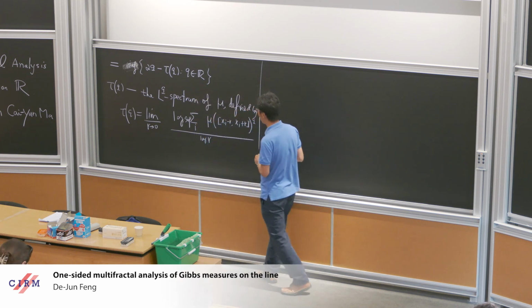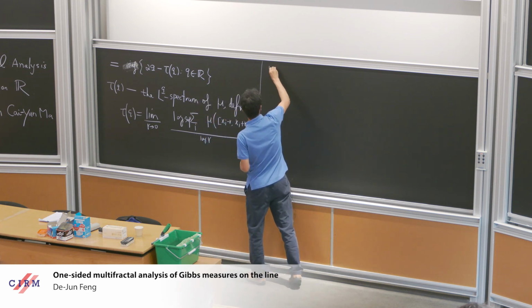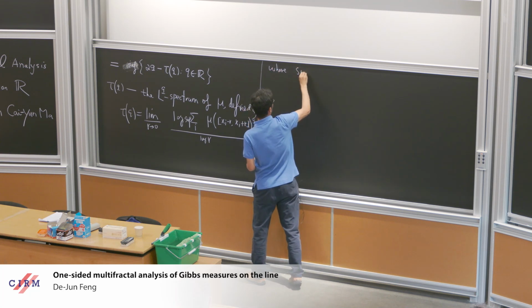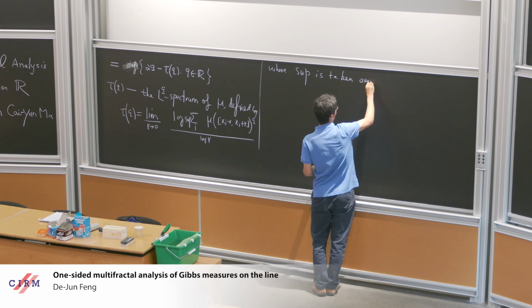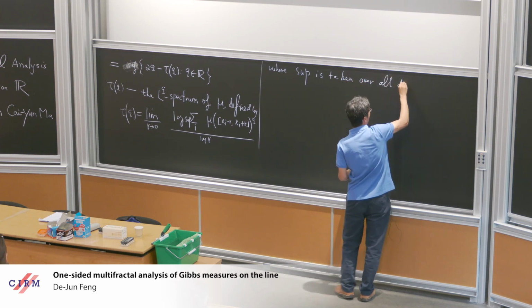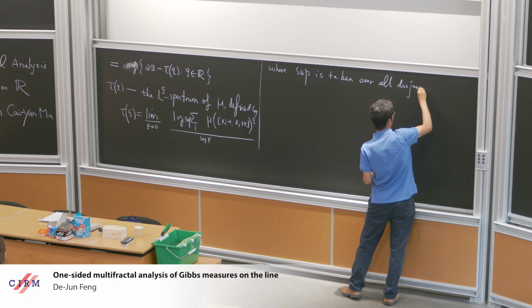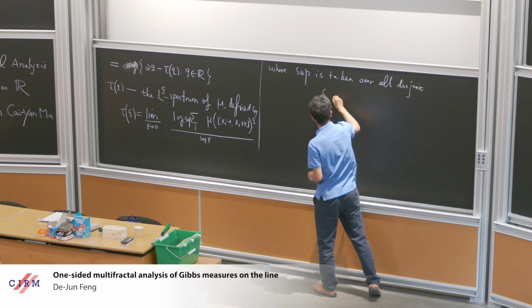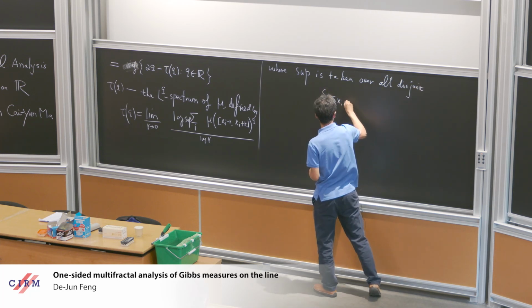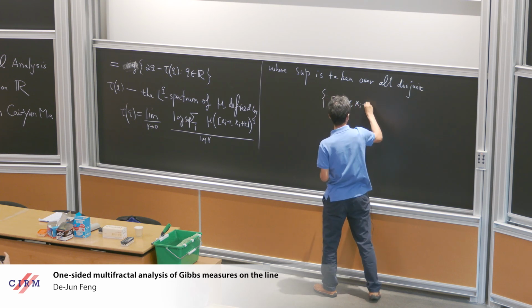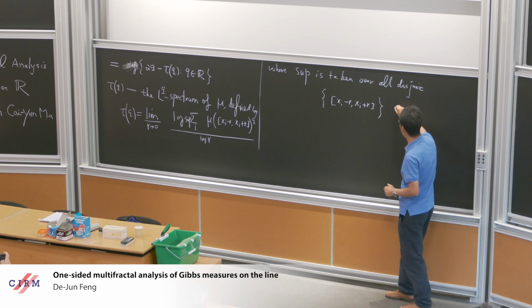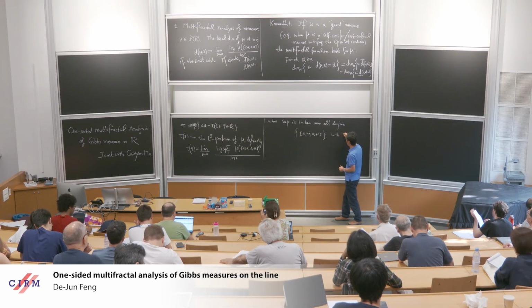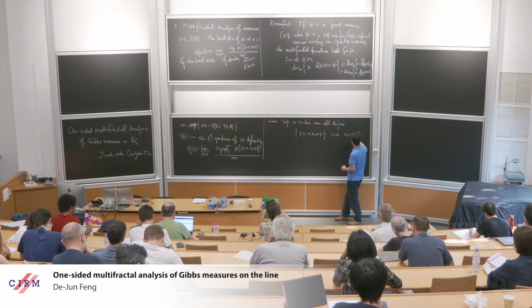Here, the supremum is taken over all disjoint collections of intervals (x_i minus r, x_i plus r) with center x_i in the support of the measure.